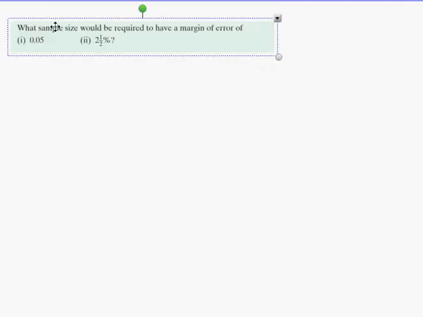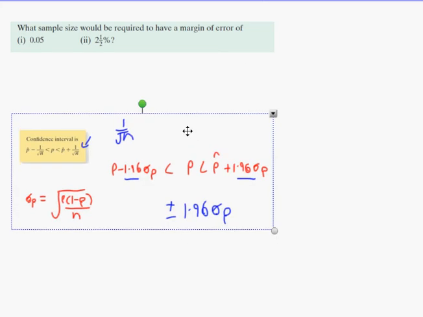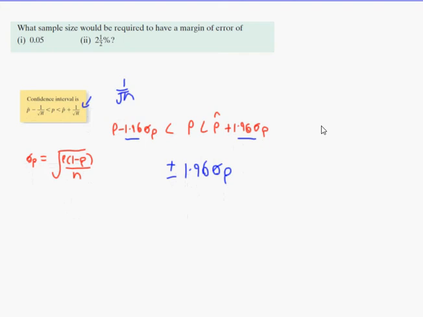Now I look at this question here. What sample size would be required to have a margin of error of 0.05? Do you see that? A margin of error of 0.05. You see that we aren't given any sample statistic.